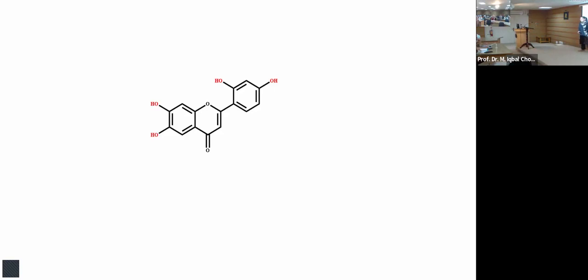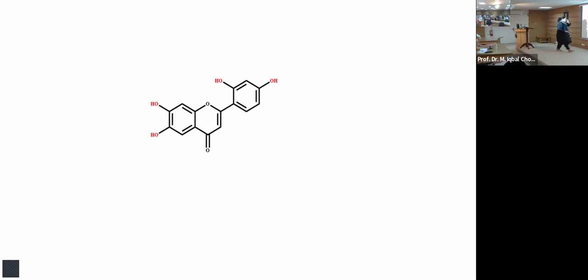And what about this? This is a doublet because of the presence of an ortho proton beside it, and the J coupling of this proton would be between 6 to 8. And this proton should appear as a doublet of a doublet.